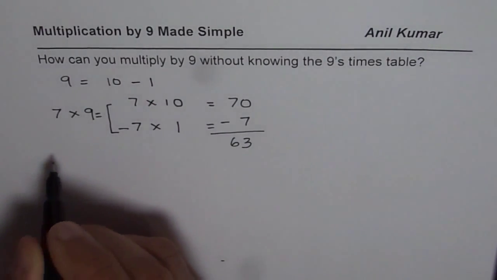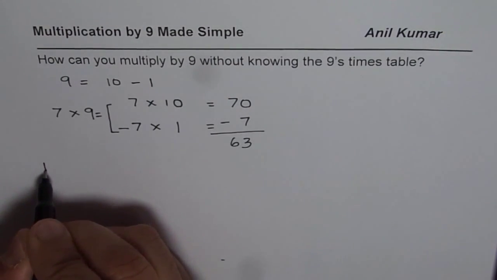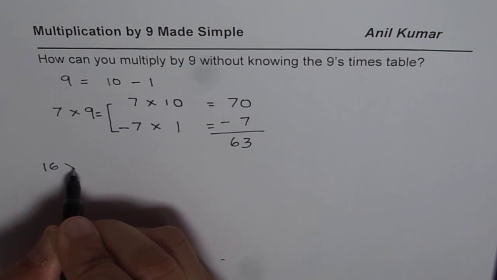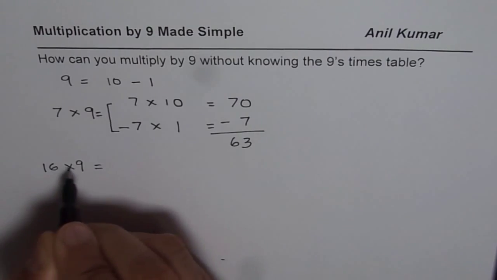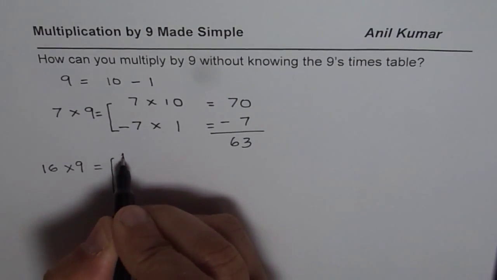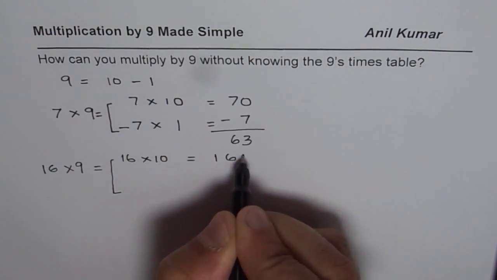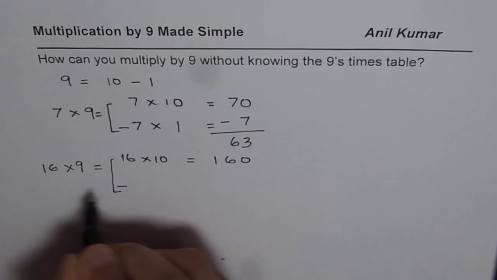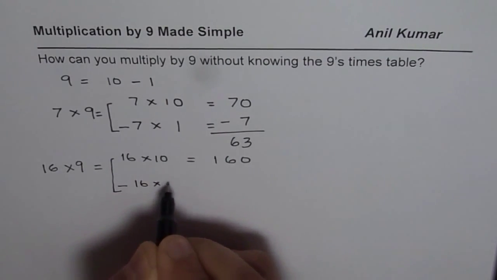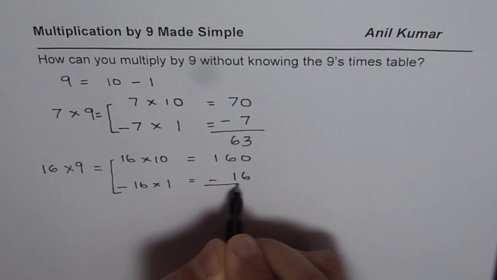Even if the numbers are bigger, you can follow the same rule. For example, 16 times 9. How can I do this one? Again, the same thing. We can do 16 times 10, which is 160. Take away 16 times 1, which is take away 16, the number itself.